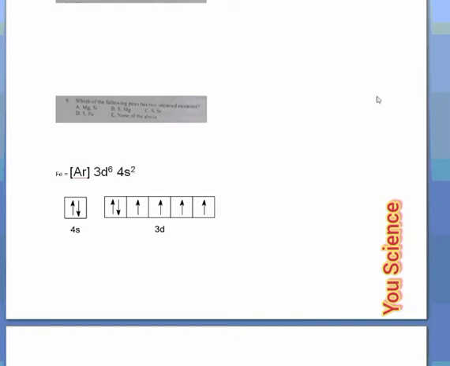Our next question is to look at this. The question says, which of the following pairs has two unpaired electrons? So for us to get which of them has two unpaired electrons, we have to look at the electronic configuration of the various elements present here. So this is the electronic configuration of iron.